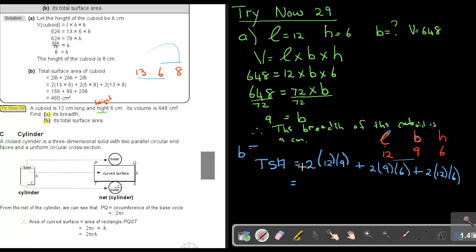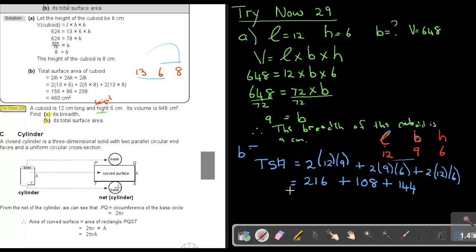So basically, just say 12 times 9 times 2, and that's 216. And then 9 times 6 times 2, and that's 108. And then it's 12 times 6 times 2, and it's 144.